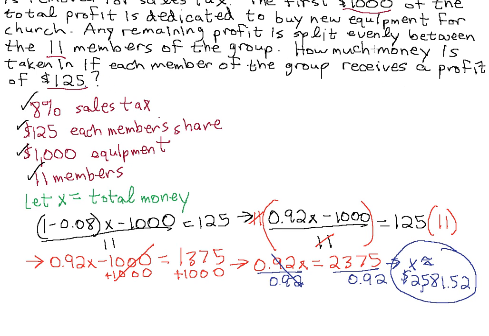We define our variable x as the total money taken in, and we found the variable x. A lot of times we have a temporary variable that we solve for, but it's only part of the bigger picture and doesn't actually solve what we're asked to solve. So we always want to make sure that we're answering the question being asked.